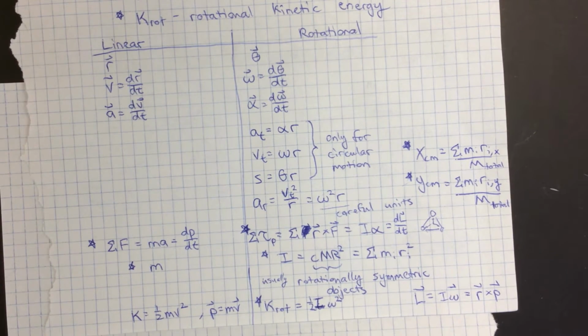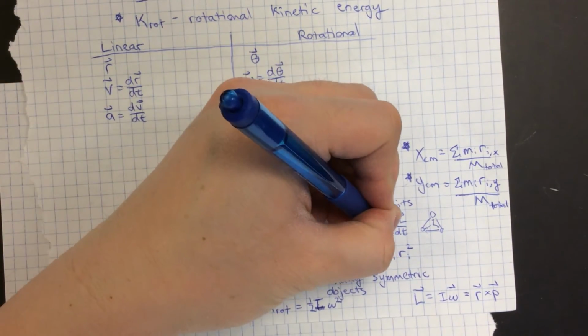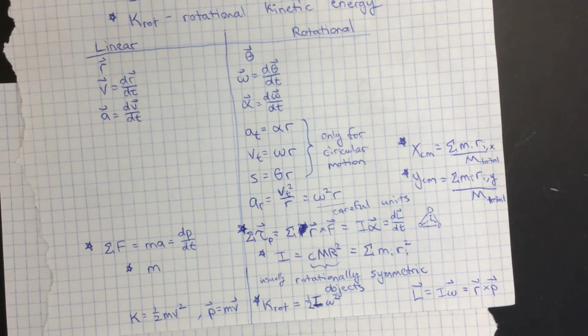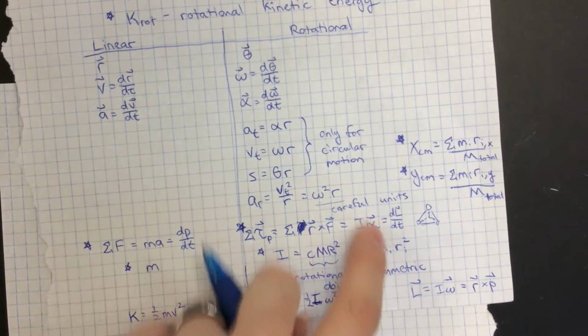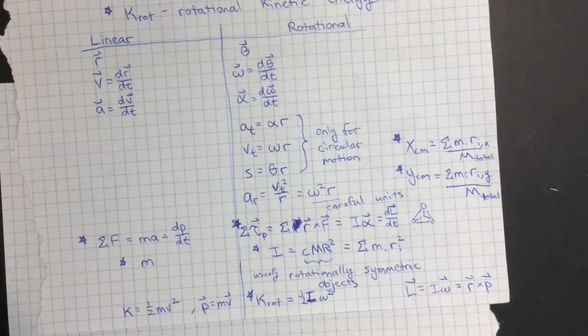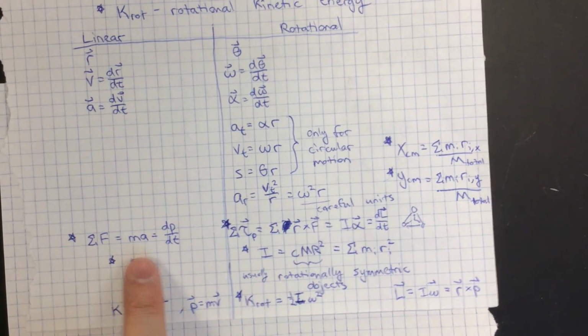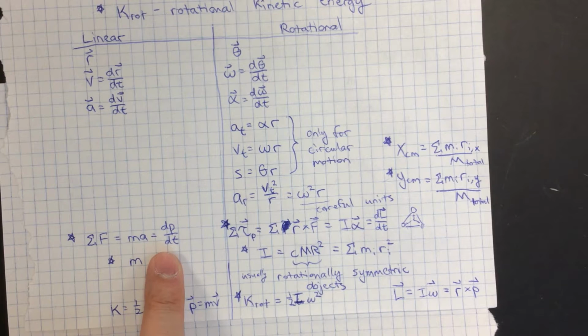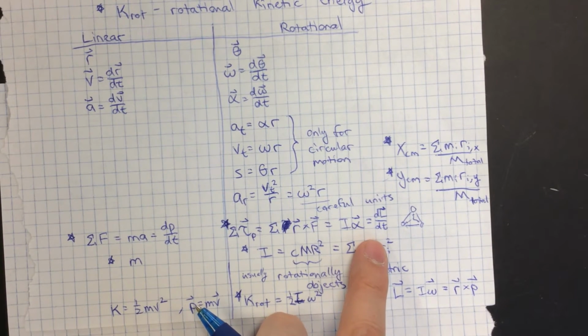You can say that too. That's a vector, that's a vector. So all the stuff that we talk about with impulse, you can talk about like an angular impulse and stuff like that too.